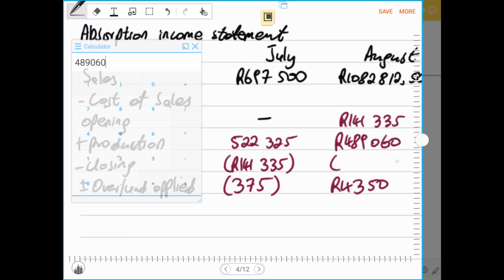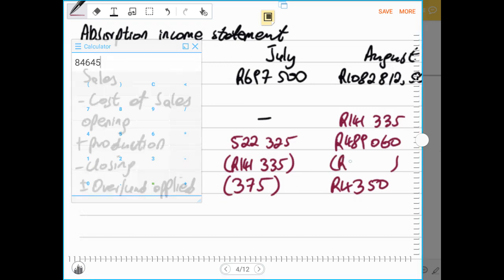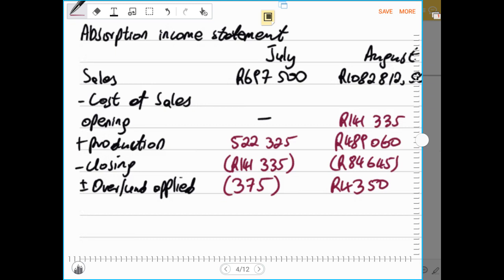Then now our closing, which is 13,500, it will be 6.27 times 13,500, and this will give us 84,645. So now this will be our closing inventory.